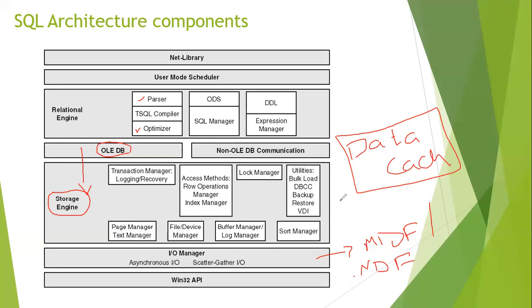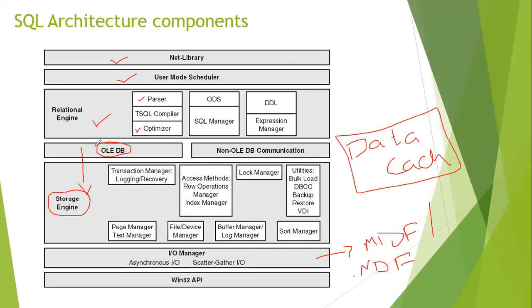And the components, we will talk about in detail on the next slide. These are the components: net library, user mode scheduler, that is your SQL OS, and the relational engine, where it actually performs parsing or compilation, optimization, and query execution. During the execution, you need data, or you want to modify something.